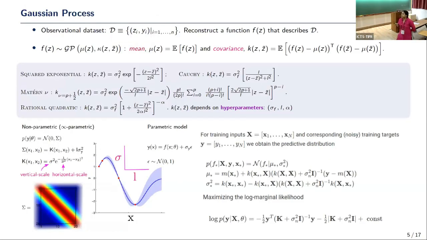This is an overview of how the reconstruction works. Suppose we have a data set, and this data has been sampled from a Gaussian distribution. Our aim is to reconstruct a function which describes this data set. Now, if f is a function that is reconstructed from this algorithm, it has an underlying mean function and a covariance function. This covariance correlates the values of the function at some redshift and its neighborhood points.